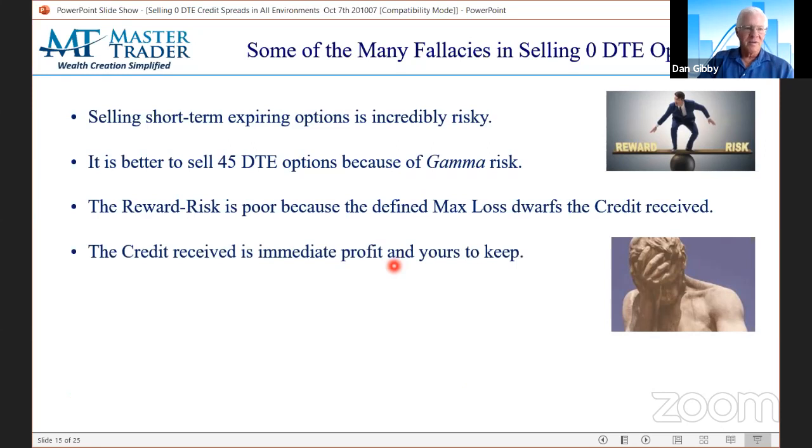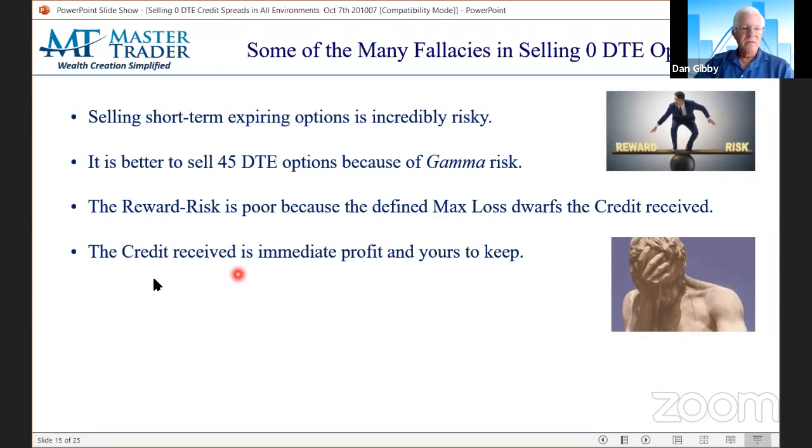I think people, Greg, just hear something from whomever and keep regurgitating it like fake news. It's only unless something gaps against you that you hit your max loss, and then that would be bad. It doesn't exist in 0 DTE trading because we're only holding these for hours.